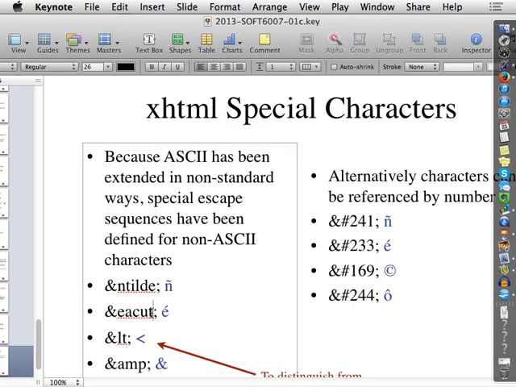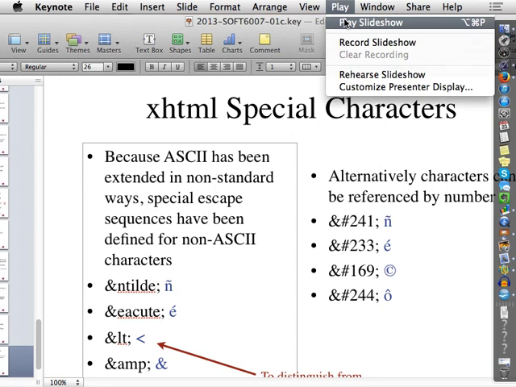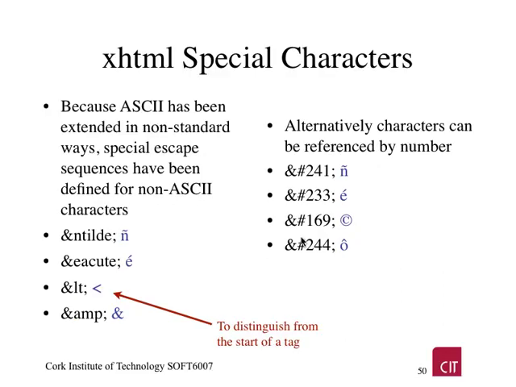So that's a problem. So for those special characters, like if you want to say España, the ñ there is because it's an ñ, it's not an n, it's the n with a squiggle over it. You may need to account for those. Also, if you're writing in Irish, obviously, you need to know how to do that.